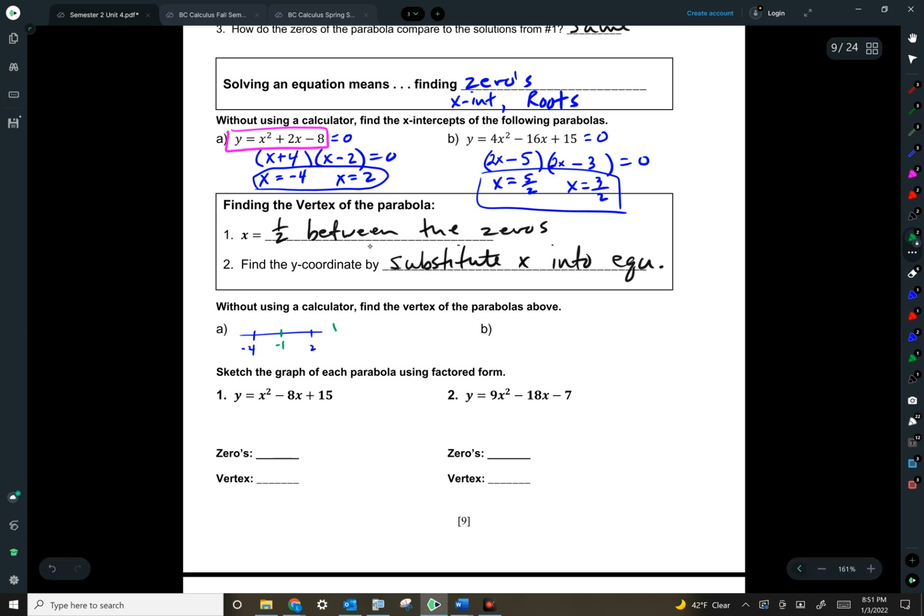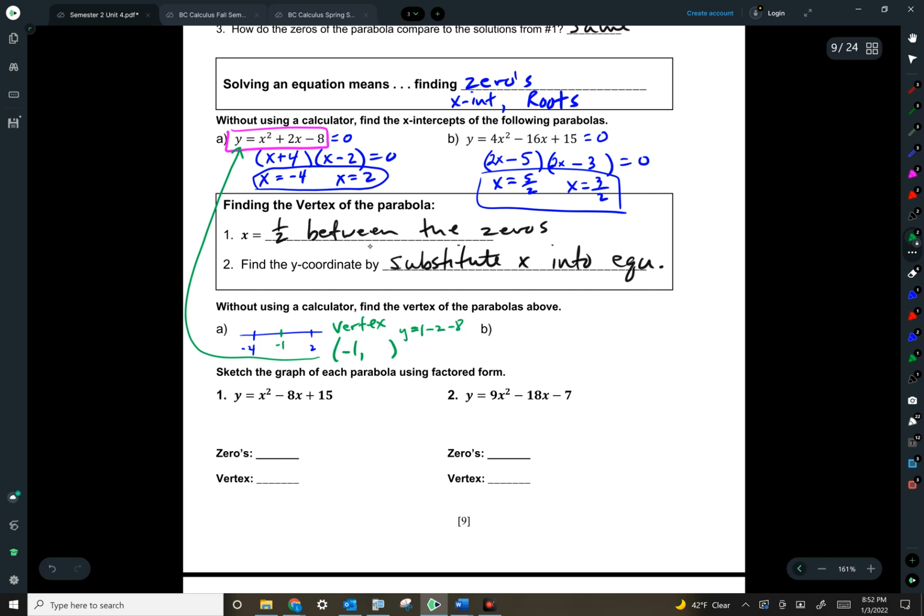So that means that the vertex has an x-coordinate of -1. How did I know that? Because it was halfway between the zeros. And so how do I find the y-coordinate so that I know the actual ordered pair? Well, what we said for number 2 is substitute that x into the equation. If I put -1 into the original equation in place of x, then I'm going to have y equals negative 1 squared, which is positive 1, plus 2 times negative 1, which is minus 2, and then minus 8.